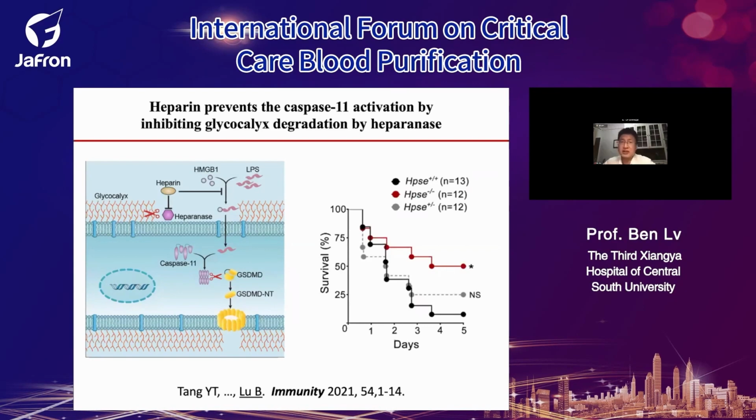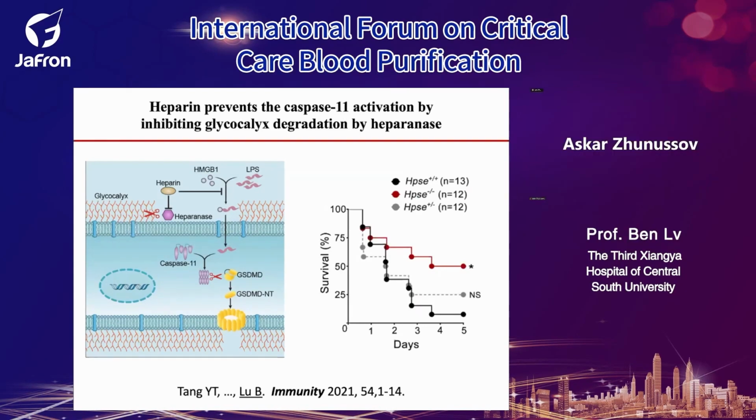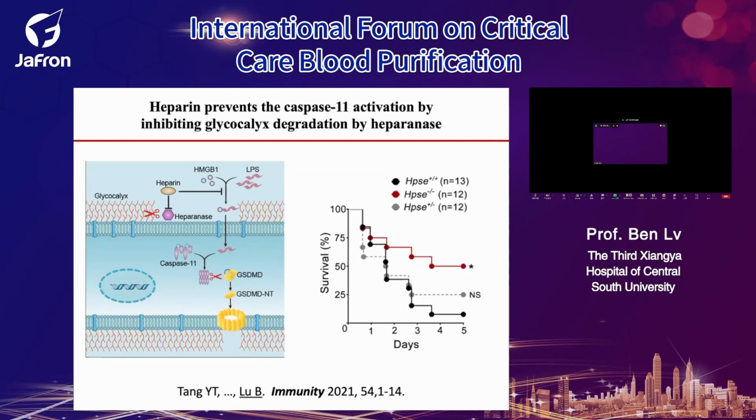Once it is cleaved by the enzyme, it exposes the cell to the outside world, and the HMG1 LPS easily goes in. So with these two targets, heparin can prevent the translocation of LPS from outside into the cytosol to activate caspase-11. This is how heparin works.